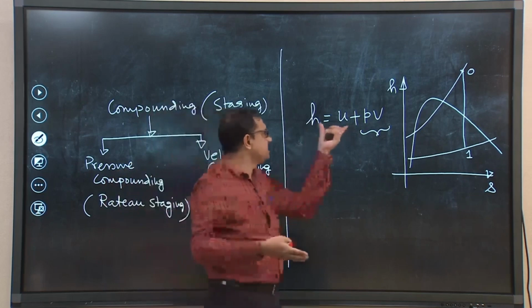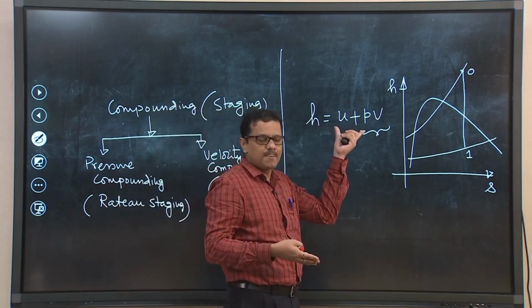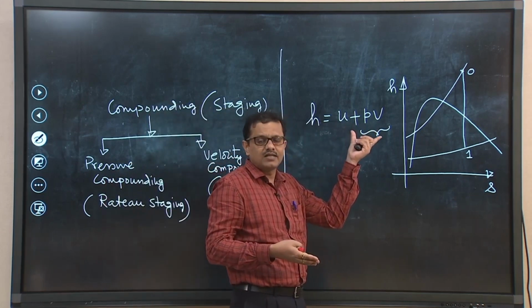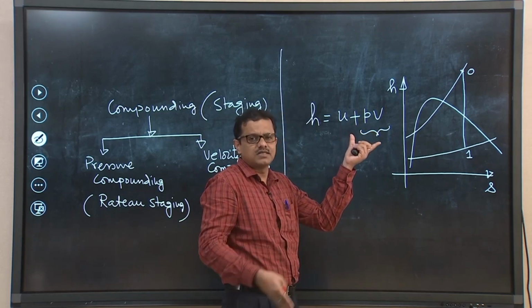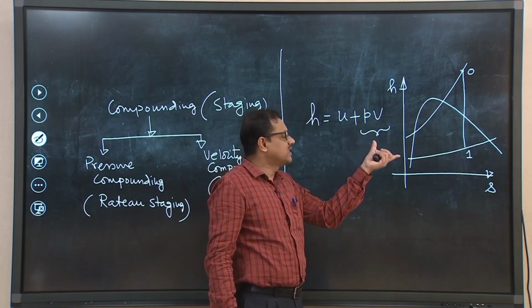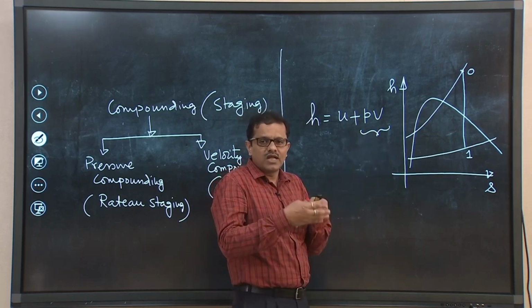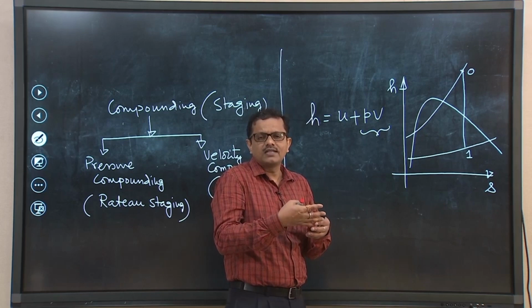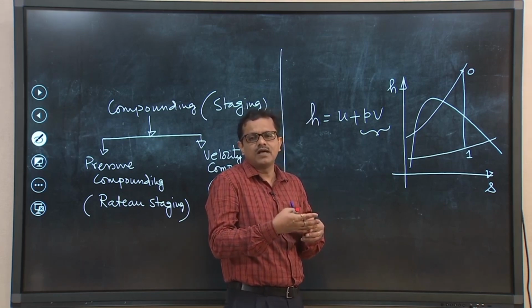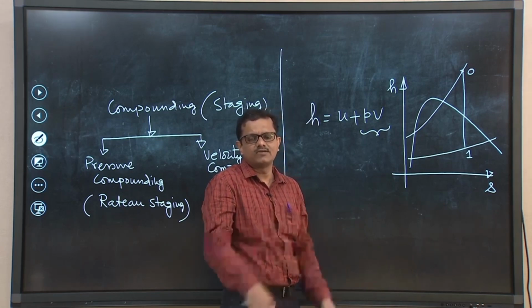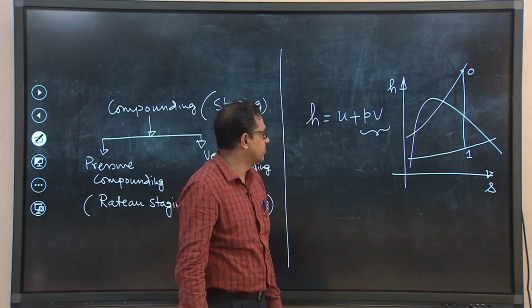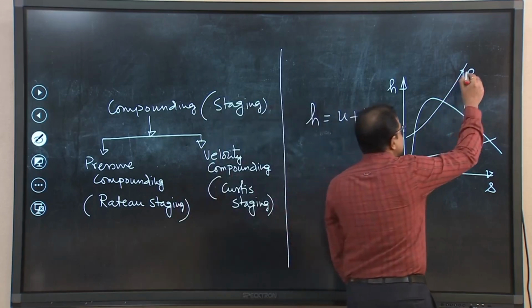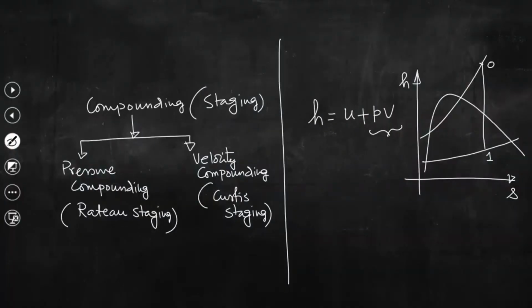So instead of having the total enthalpy drop in a given stage, if we can split that enthalpy drop equally among a number of stages, then we can have total utilization of the enthalpy drop, and at the same time we can eliminate the problem associated with the high speed of the wheel as well as the larger diameter of the wheel. This is the total enthalpy drop.